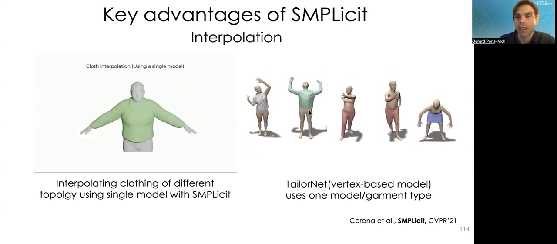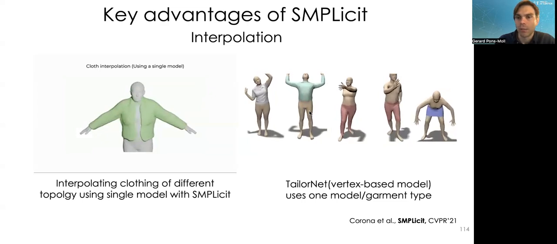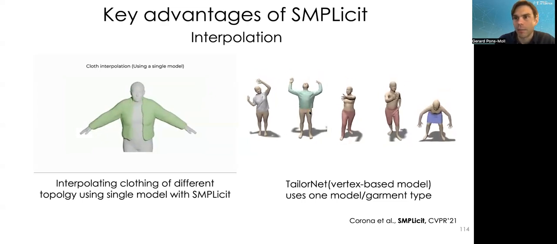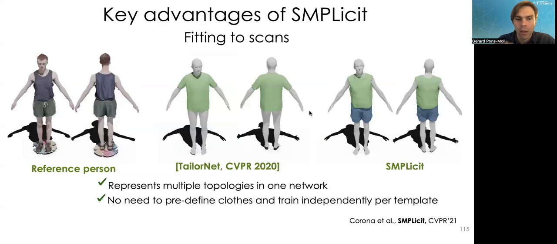It could not interpolate across completely different garments as SimpliCit can do. Overall, this implicit model can represent multiple topologies in one network, and there is no need to predefine clothes and train independently per template, which is quite convenient.